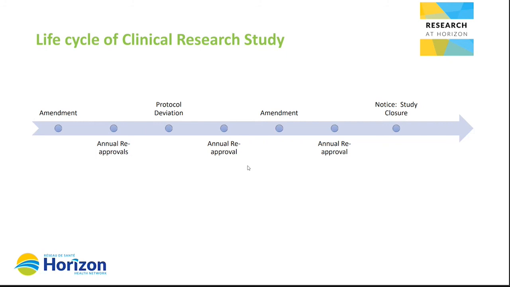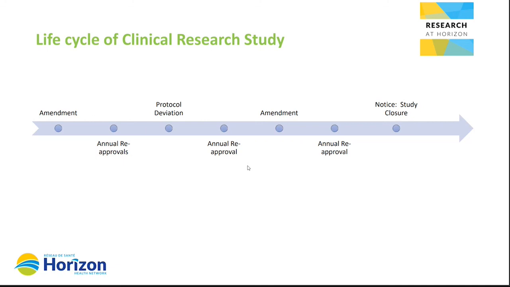For example, during your active recruitment period, there may be an incident or two that ends up requiring you to change a certain eligibility criterion or a follow-up schedule, let's say, for safety reasons. Any changes to the study protocol, which we call amendments, will need to be reported to REB.